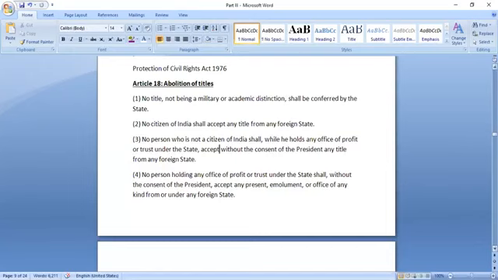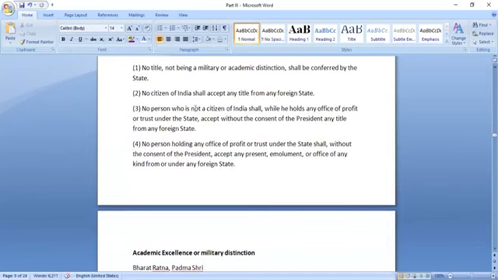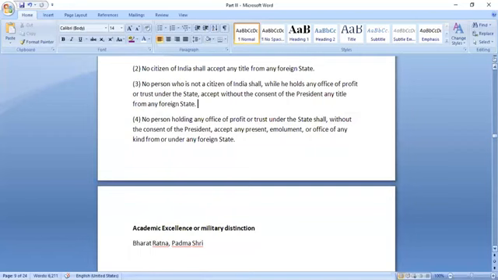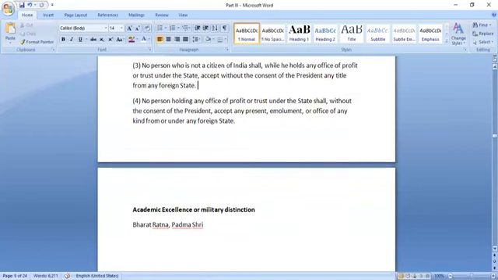People cannot continue with those titles, and no citizen can accept any title from any foreign state also. And no person who is not a citizen of India, while he holds any office of profit or trust under the state, shall accept, without the consent of the President, any title from any foreign state.